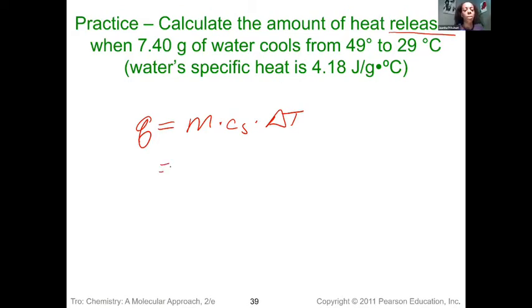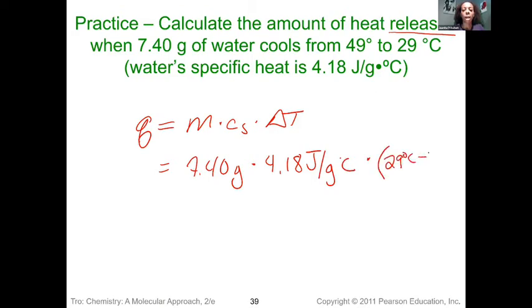So we can then plug in our mass, which is 7.40 grams, times the specific heat of 4.18 joules per gram per Celsius, times delta T, which would be 29 minus 49 degrees Celsius, or negative 20, excuse me. And so we plug that in.